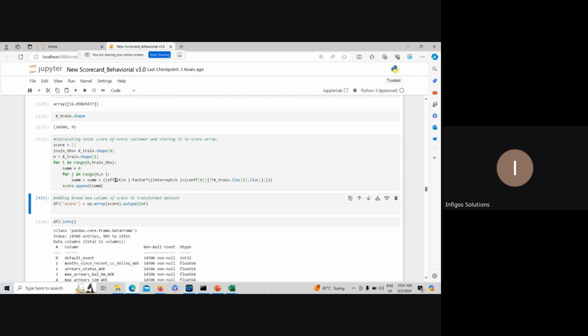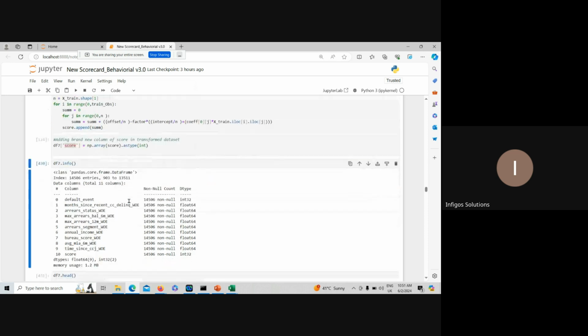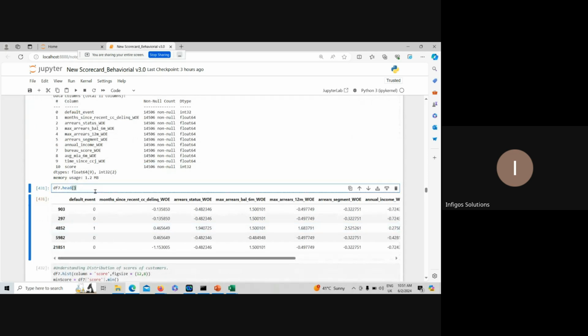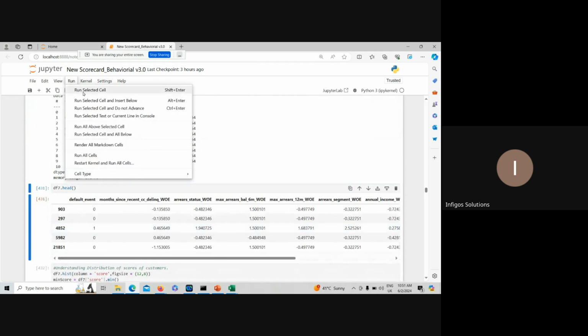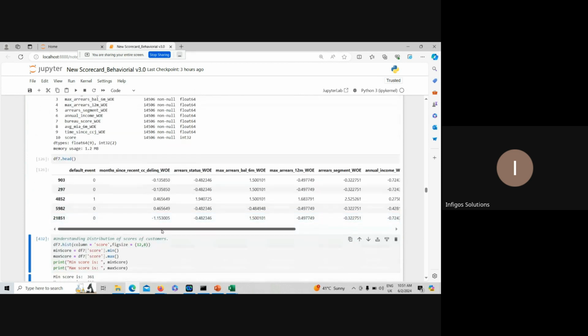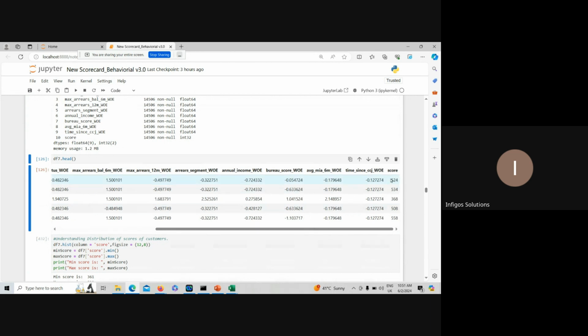The calculation is done, and we assign this as a score. And we can see this particular data, the head of that data set. So we have a score here for each customer.